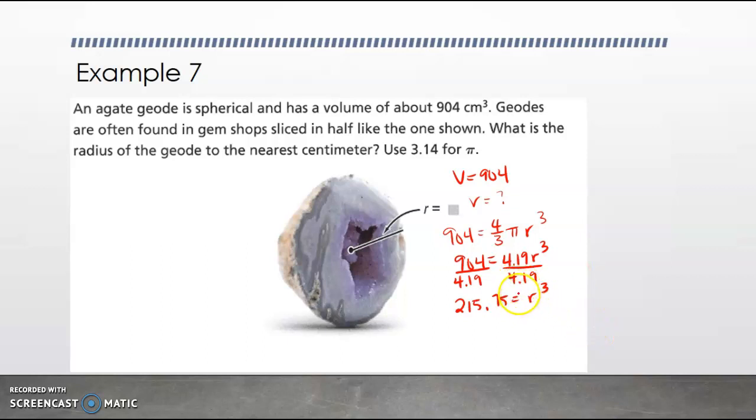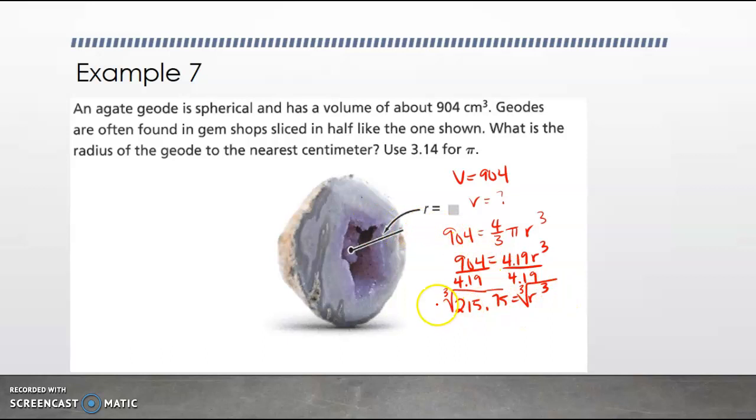Here we have r cubed, and so the inverse operation of cubing something is to cube root it. That was section 3.2. So if you need to remember how to do cube roots, go back to section 3.2.